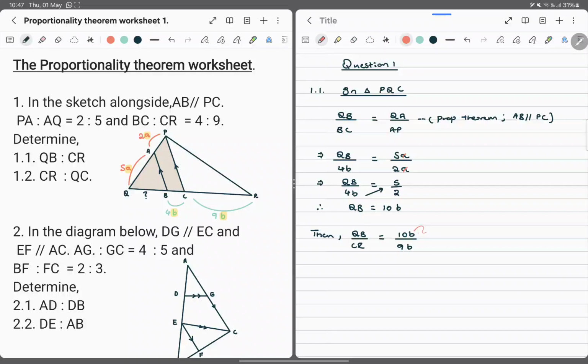Now magics take place. The b's divide to 1. We can say this implies that QB over CR is 10 over 9. Now remember, how was it asked? Like that. So we need to make a conclusion therefore that QB is to CR should be equal to 10 is to 9. That's how we answer this question.